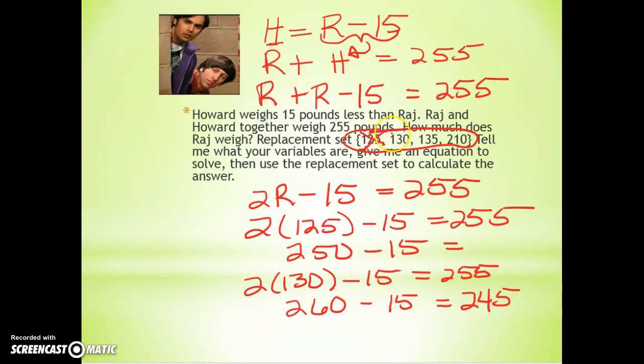Yep, no. Let's try 135. I've got a good feeling about this one. Let's see if that's right. 2 times 135 equals 270.